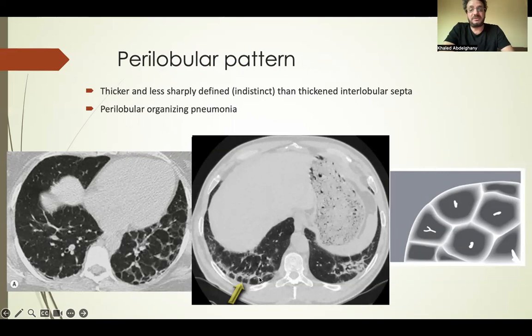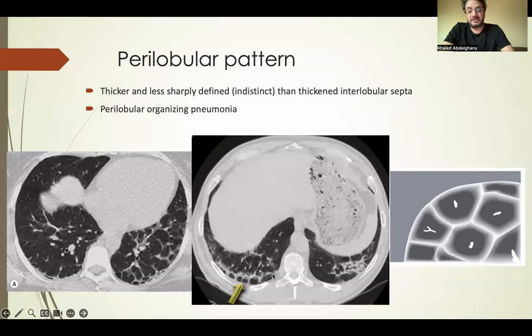This occurs due to consolidation occurring along the interlobular septa. They look thicker and not sharply defined, as you can see in the interlobular septal thickening in the examples before. And you can see here, these are the perilobular consolidation occurring in the inner margin of the pulmonary lobule.